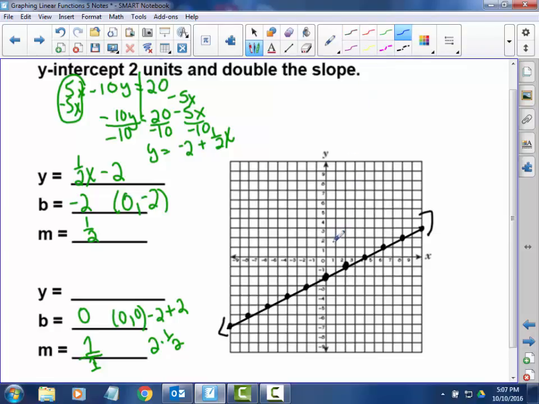Change to our other color. We have b is at 0. Our slope is 1, so we can rise 1, run 1. Rise 1, run 1. And we just keep going.